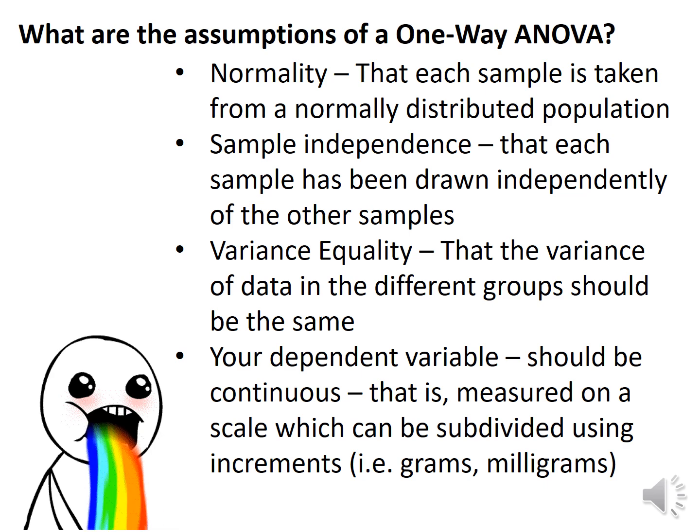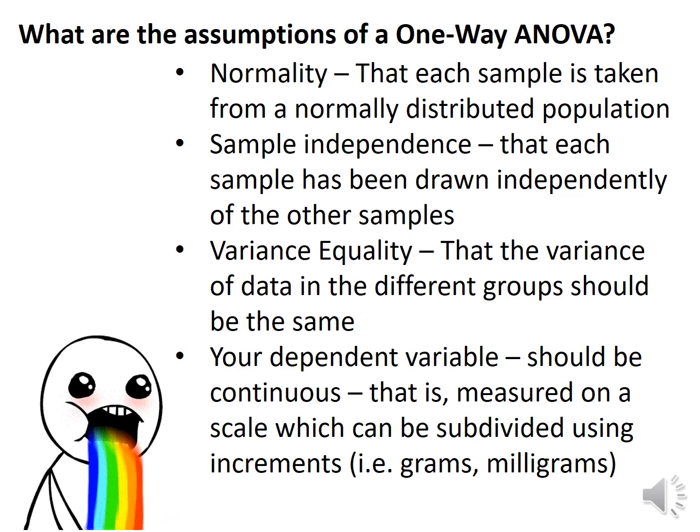Each sample is taken from a normally distributed population. And then there is sample independence, wherein each sample has been drawn independently from other samples. Meaning the respondents were randomly selected from a single population.